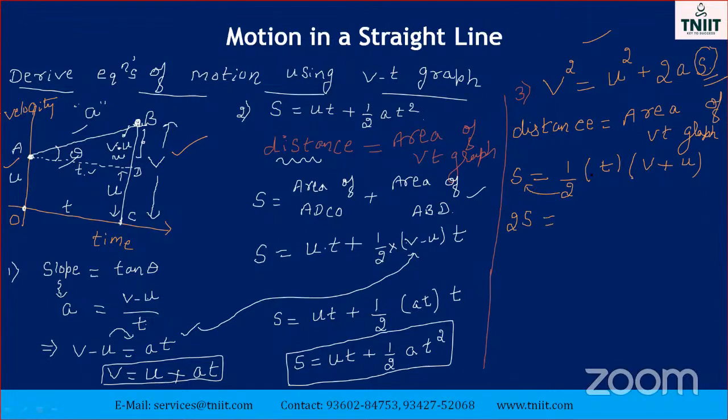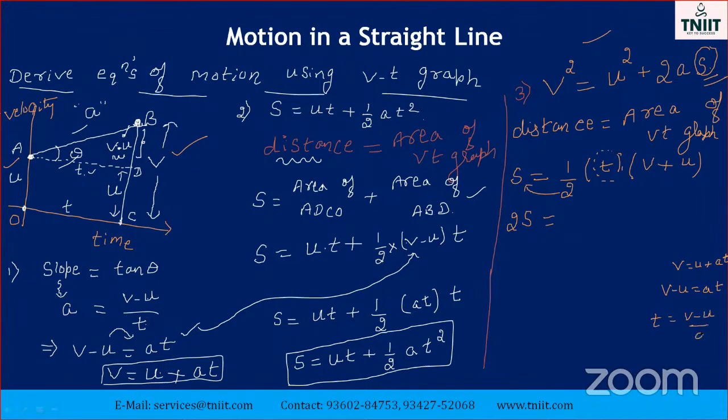2S is equal to, in the place of T, I can substitute this, right? You know that V is equal to U plus AT. V minus U is equal to AT. What is T then?